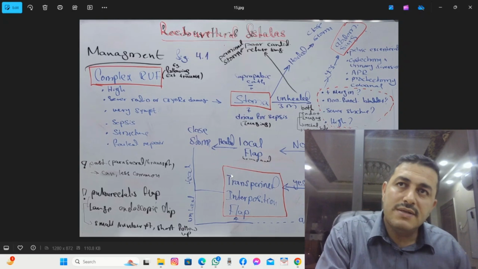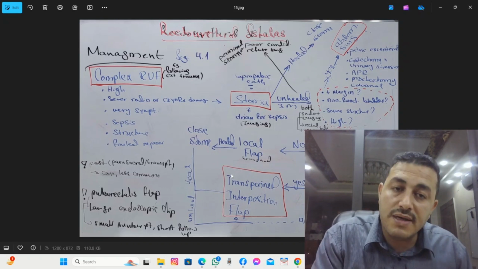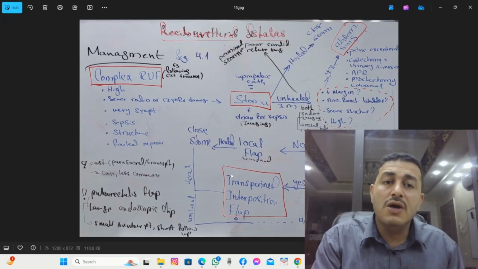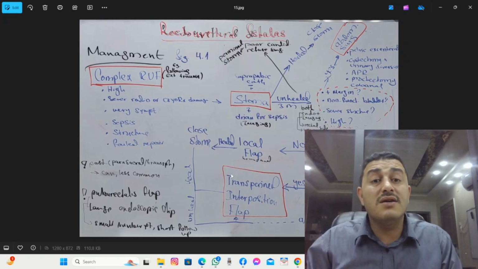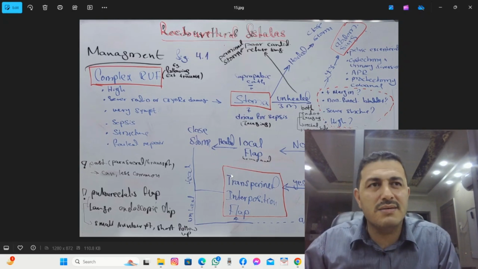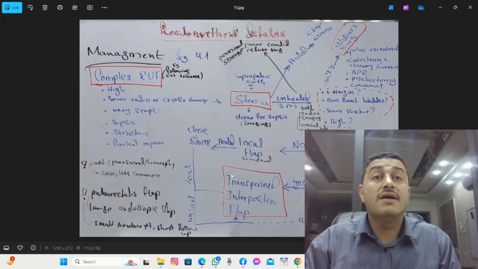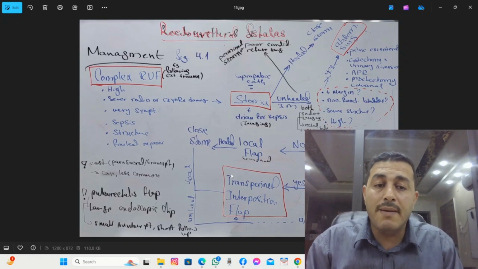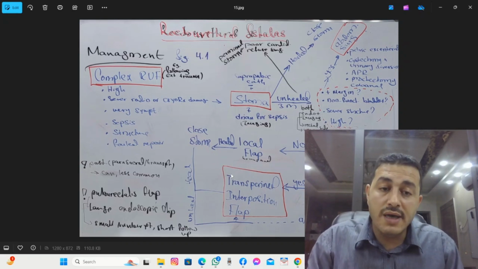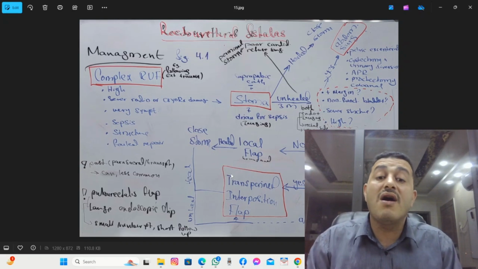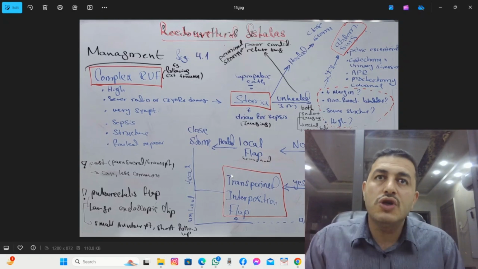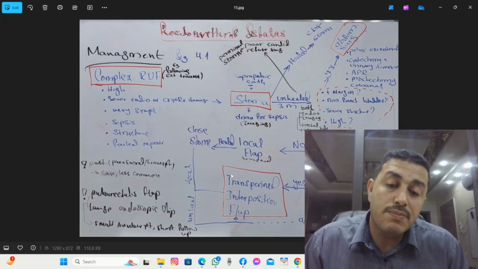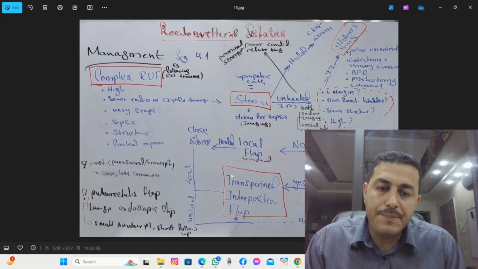If no serious features are present, we can start with a transanal approach, but the main treatment for a complex fistula that is large, high, or with severe radiation is the transperineal approach, in which we use an interposition flap.